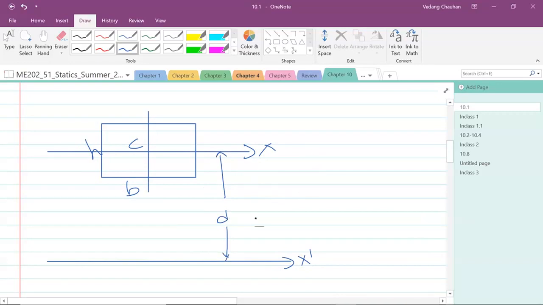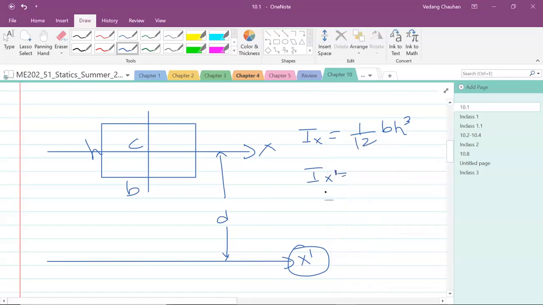In that case, since both axes are parallel, we can apply something called the parallel axis theorem, where we first calculate the moment of inertia of the shape relative to x using the standard formula 1 by 12 bh cube. And then to calculate the moment of inertia relative to this new axis, we apply the parallel axis theorem. So this is called Ix, and this is called Ix dash.